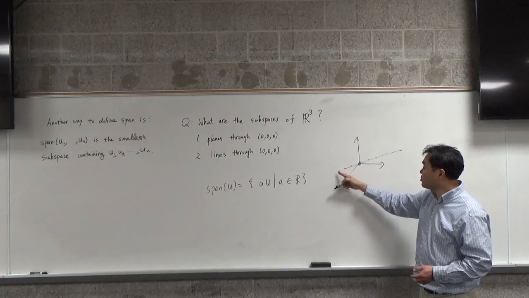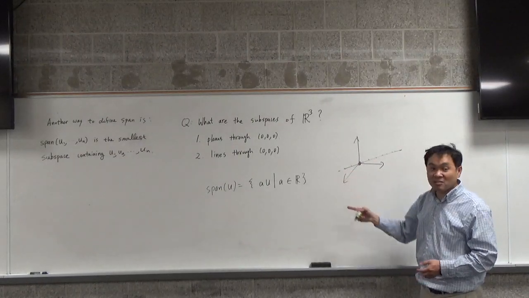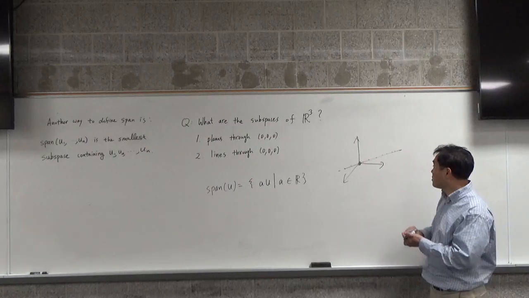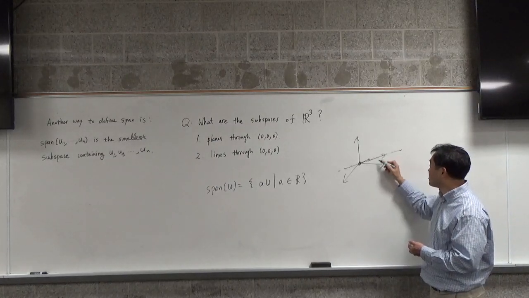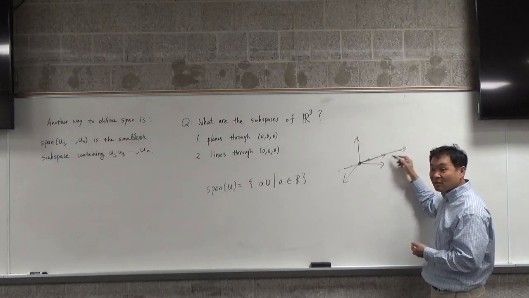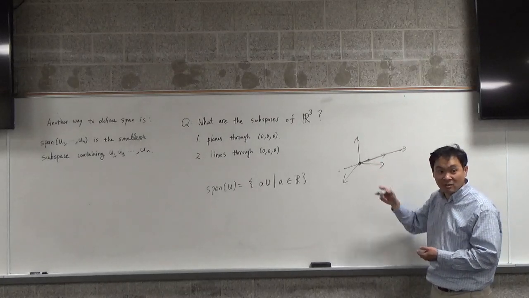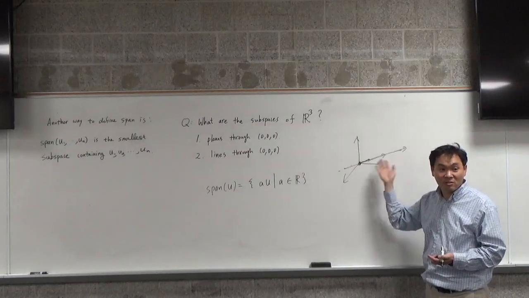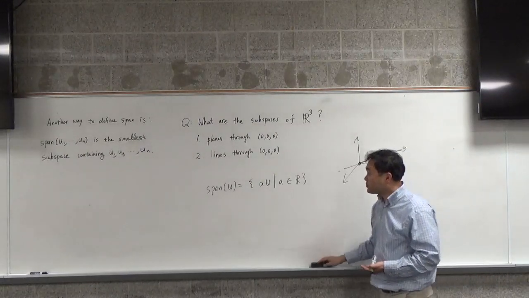If you just take this subset, it satisfies all the 8 conditions for a vector space, because if you have one vector and another vector here, the sum of those two vectors still lies in this subspace. You can take any scalar multiple that's still in here. It's a subspace. All right.